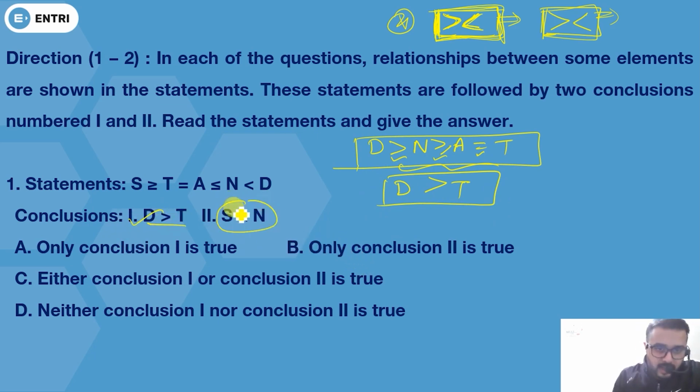Now the second conclusion is S < N. See, S ≥ T = A ≤ N. If you go from S to N, you see these two opposite signs, which means there can be no relation between S and N. So S < N will be wrong here.